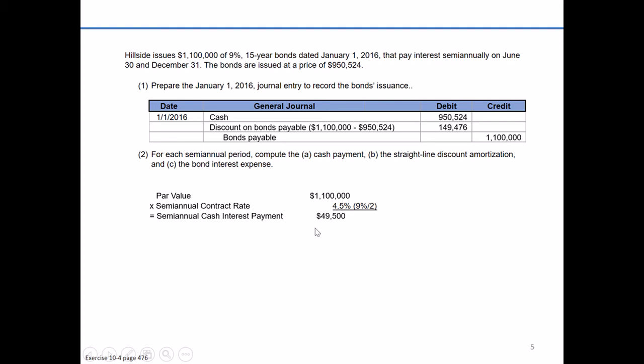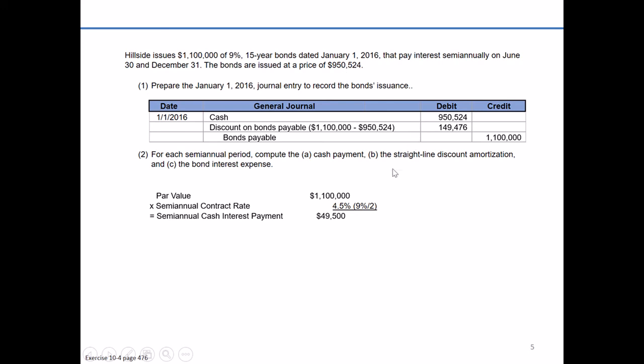Now, normally what you're used to is, well, that's interest expense. That the actual contract rate is what my interest expense is. We've got a problem here, though. Hillside didn't receive $1.1 million up front. If they had, then this would have also been interest expense. They received a little bit less. In fact, $950,524.